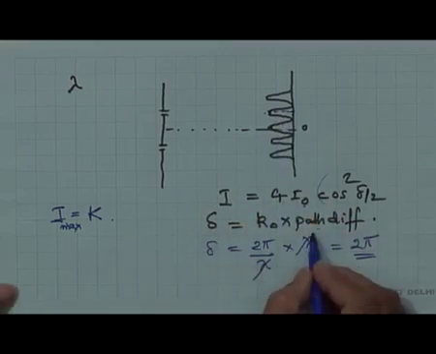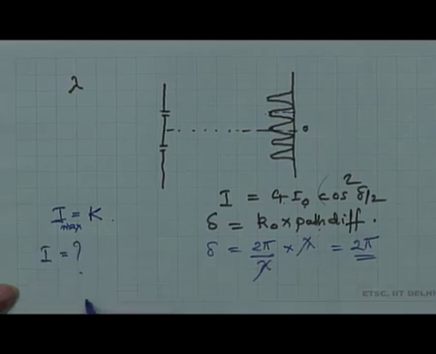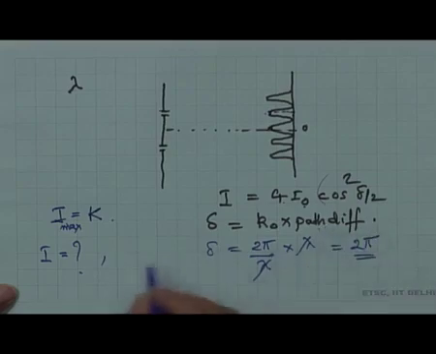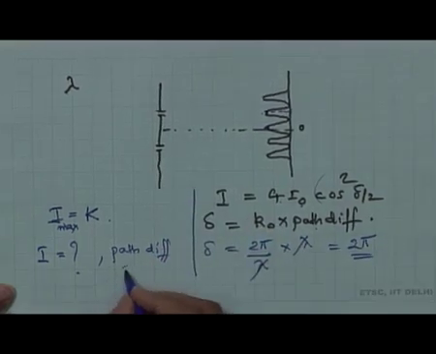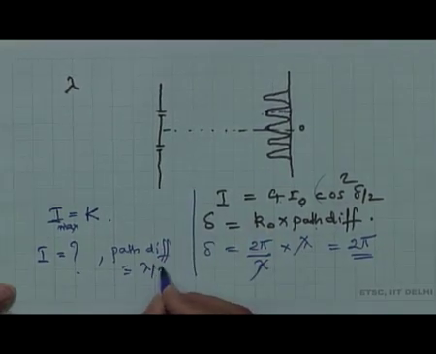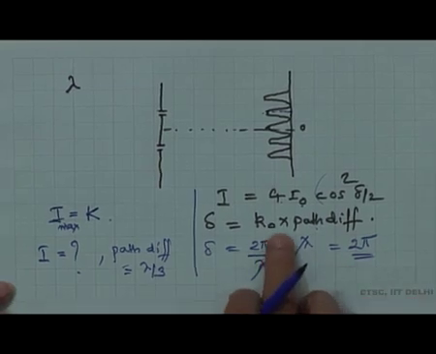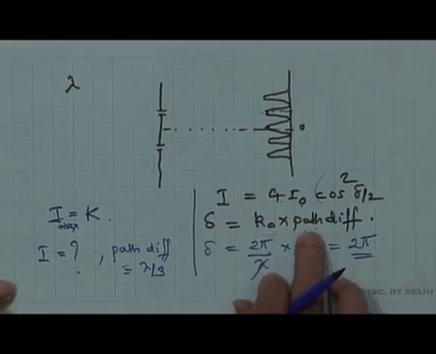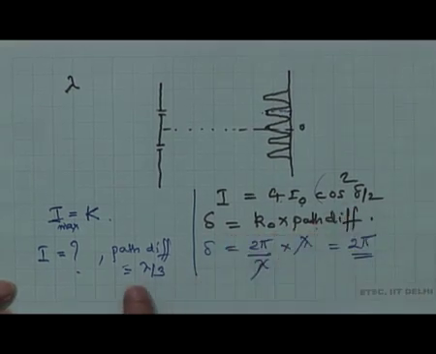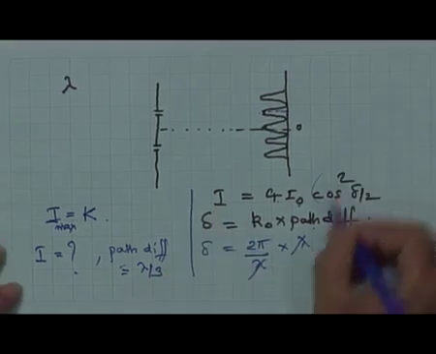So what is I when the path difference is equal to lambda by 3? We already have delta is equal to k 0 into path difference, so substitute lambda by 3 for the path difference and determine the intensity.